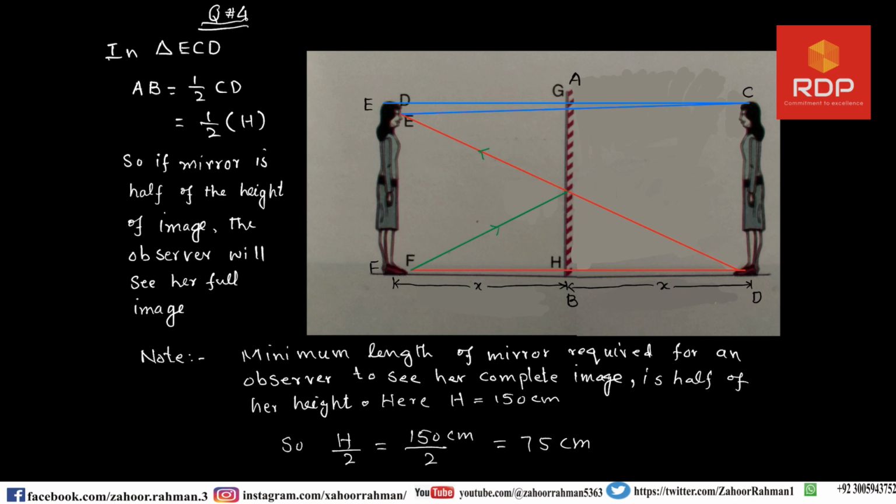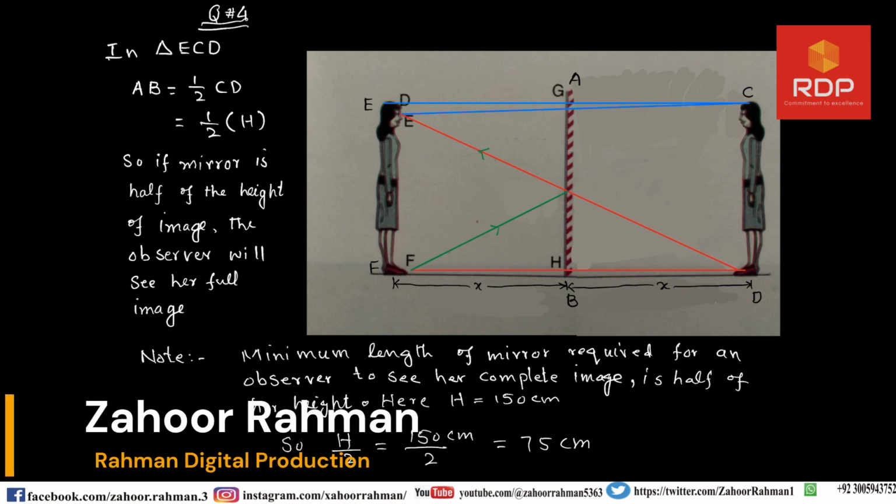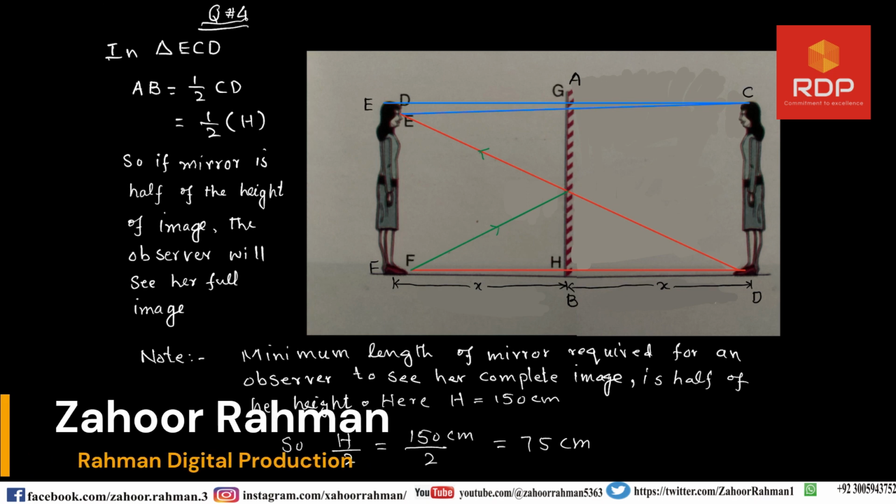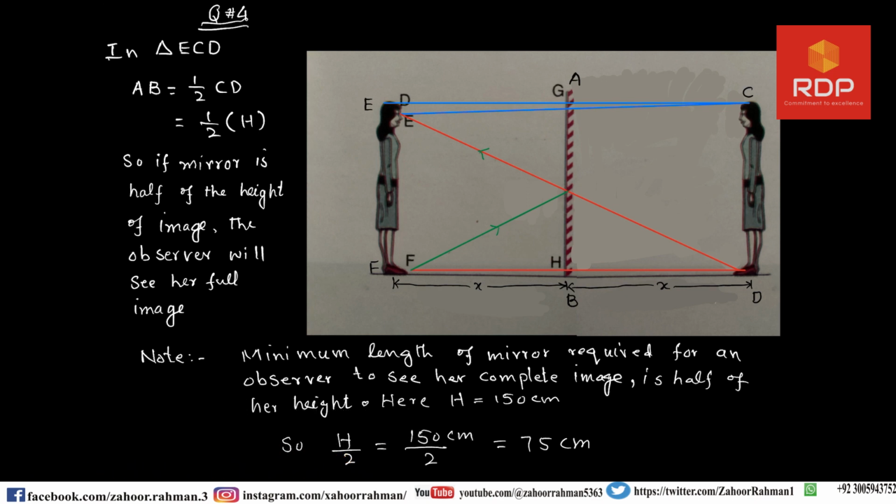Understanding the question is half of the solution, so listen carefully to what the question is saying. In the diagram, DEF represents a person standing in front of and looking into a vertical plane mirror.